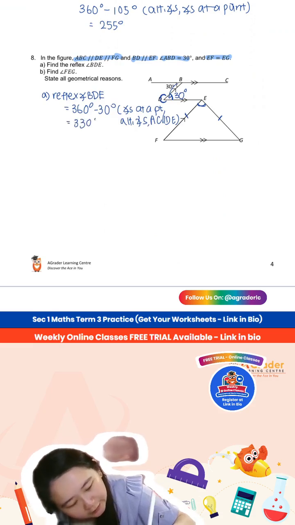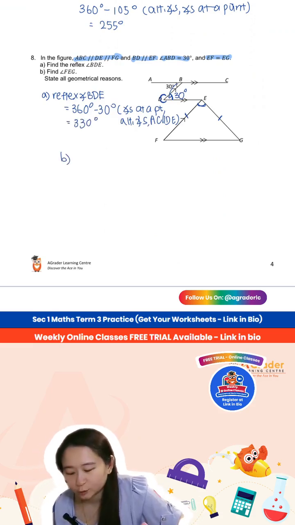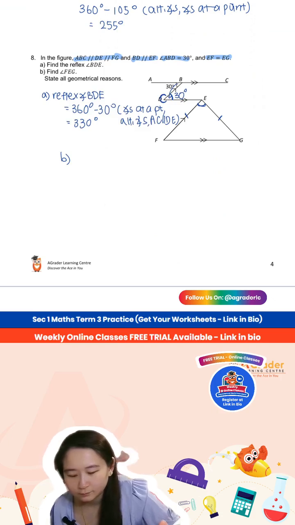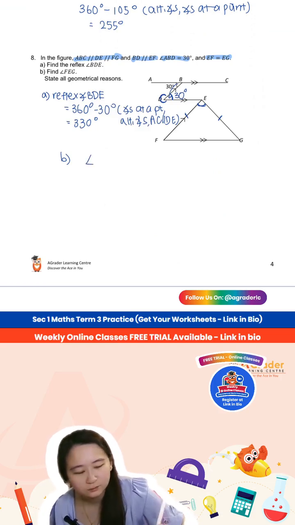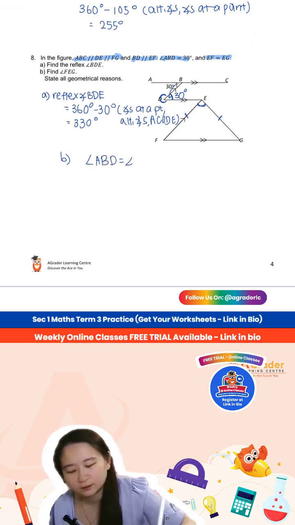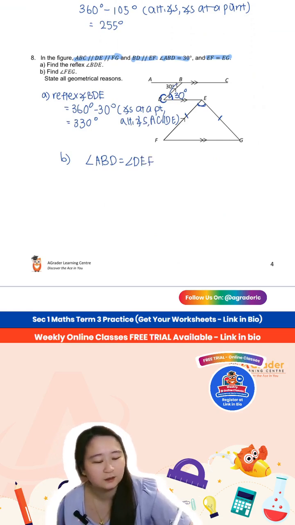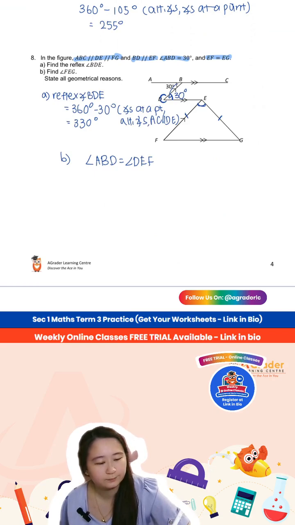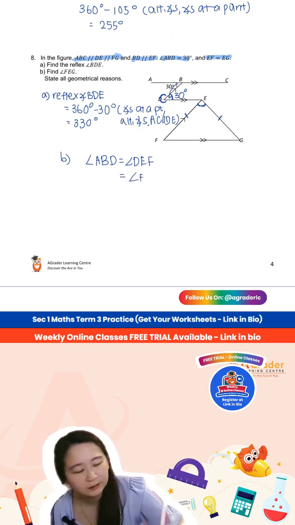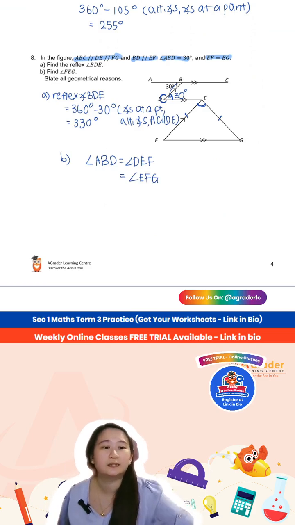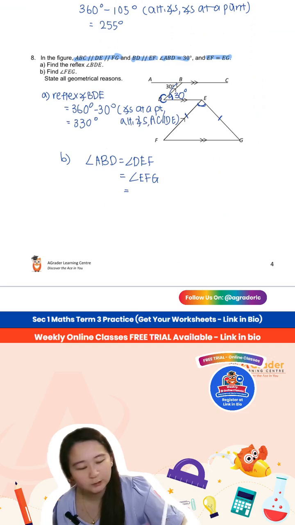So this equals 330 degrees for part A. Then we move on to part B. Part B, we can find angle EFG by using angle ABD equals angle DEF because of alternate angles, and then it equals angle EFG. So all are actually alternate angles, equal to 30 degrees.